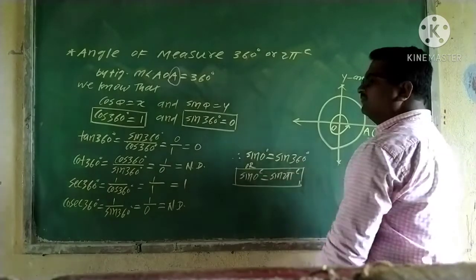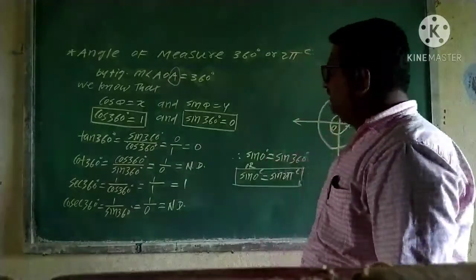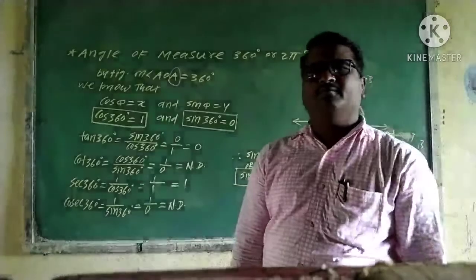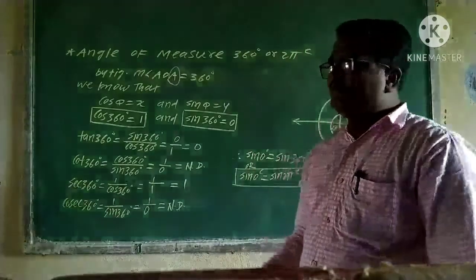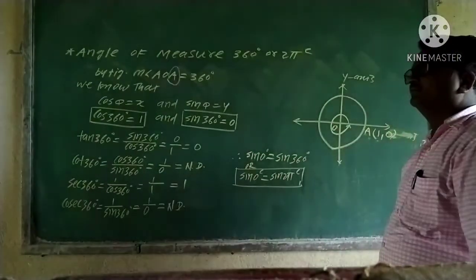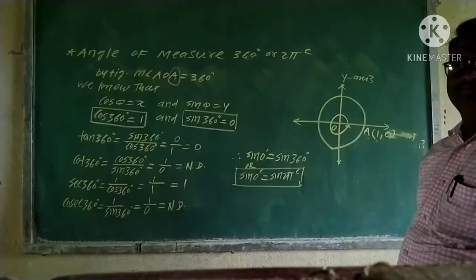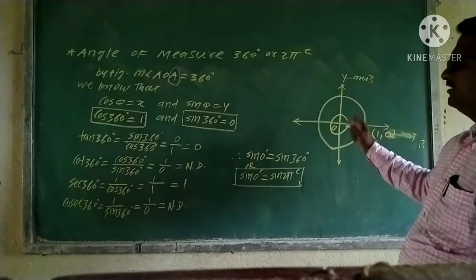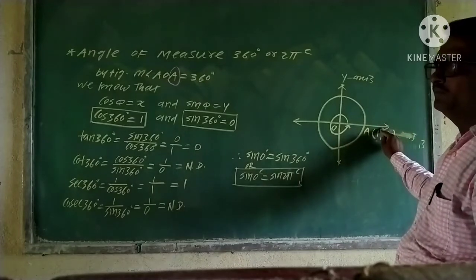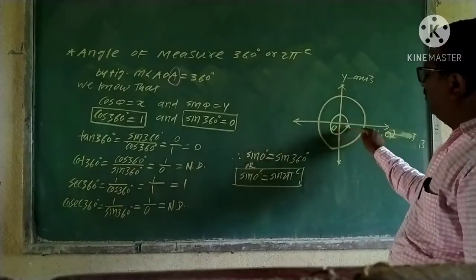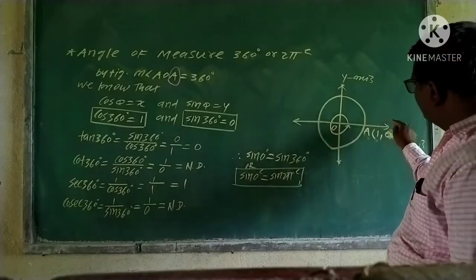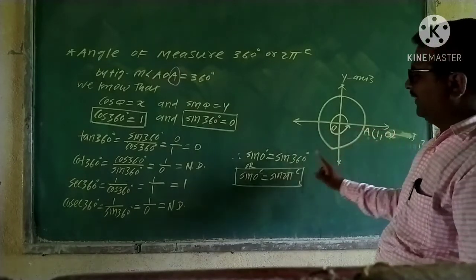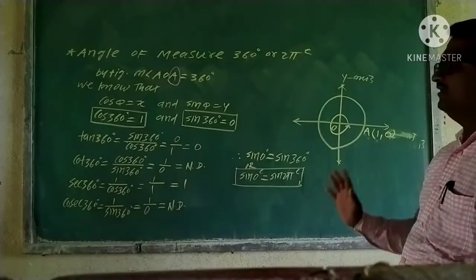So the values of trigonometric functions are repeated after a particular time. Whenever it starts from 0 and completes one revolution, reaching its initial position, the values of trigonometric functions are the same.